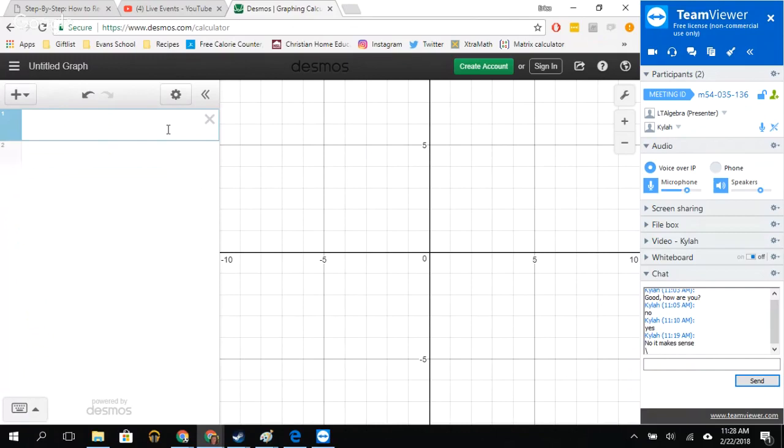If I have an exponential equation, remember an exponential equation would be like 4 to the x power. So this is our exponential growth equation, and that's what it looked like.